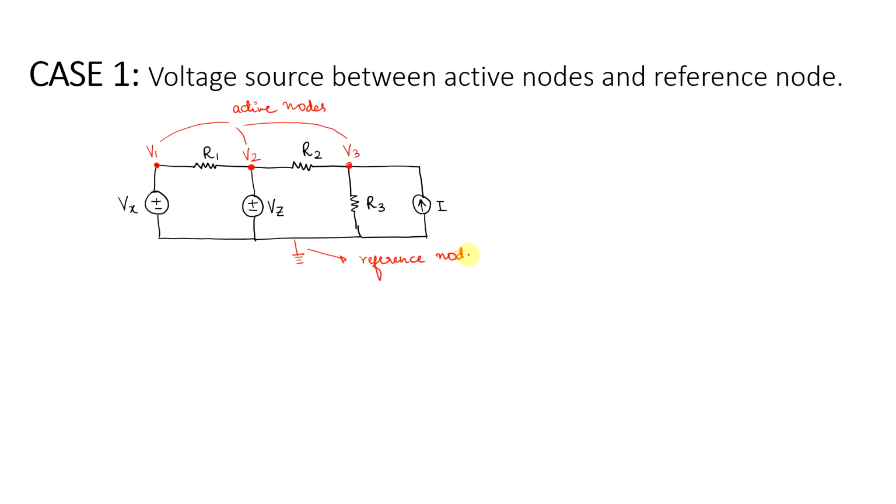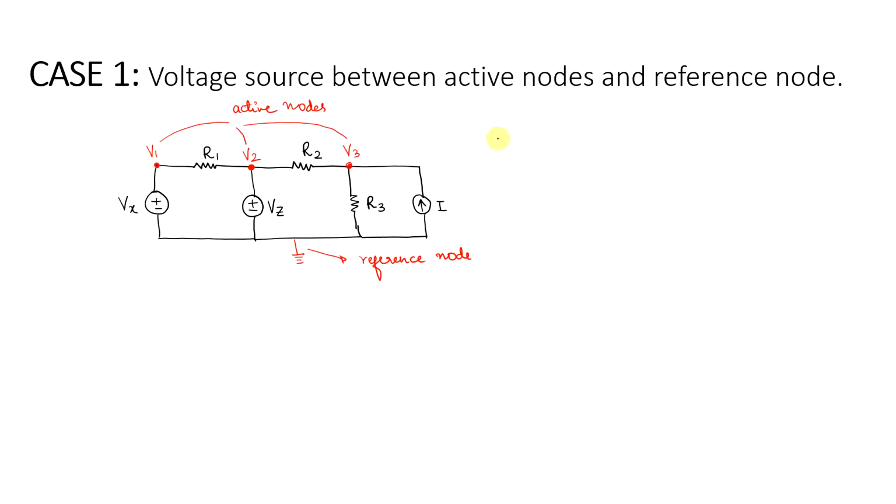So here you have a voltage source present between an active node and a reference node. Whenever you have this, we can directly determine the value of that corresponding node voltage.